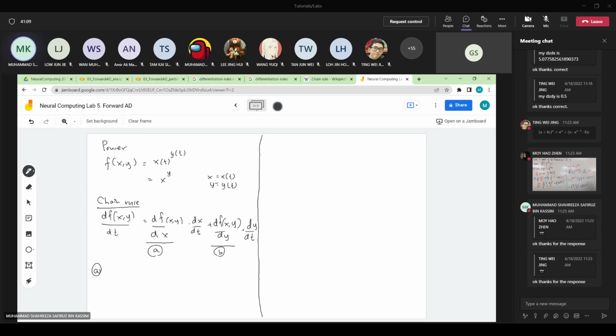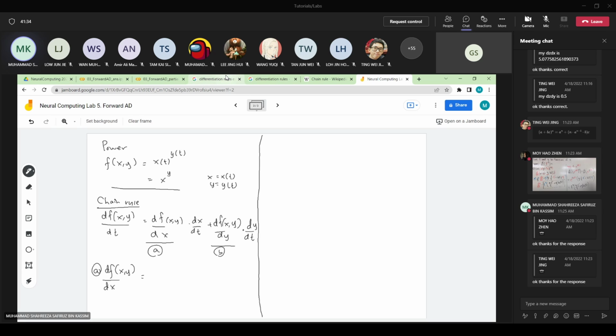What is A? What is the partial derivative of f with respect to x, given that f is a function of x and y? This is using the power rule.